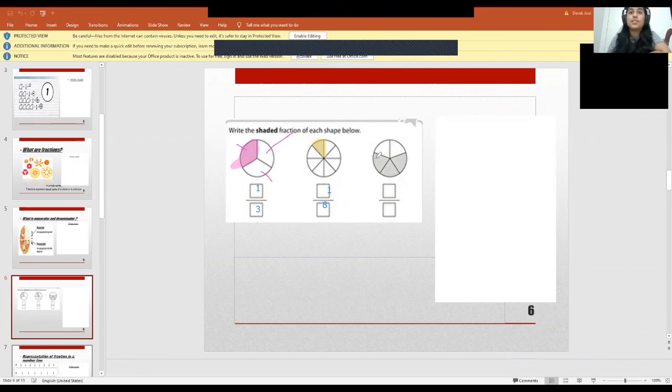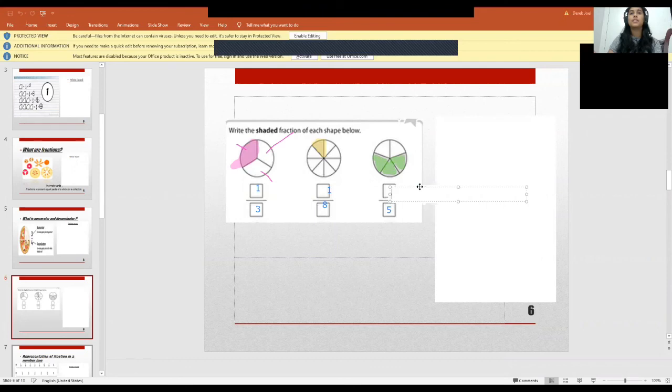You have one shaded part, two shaded parts, and three shaded parts. As I told you, let's write the total number first. So 1, 2, 3, 4, and 5. That will come in place of your denominator.